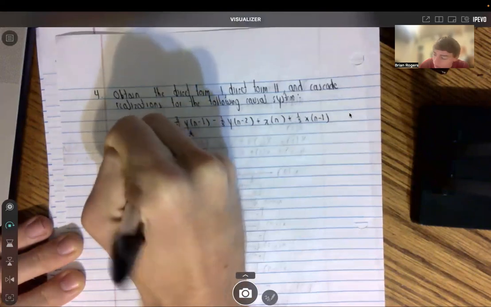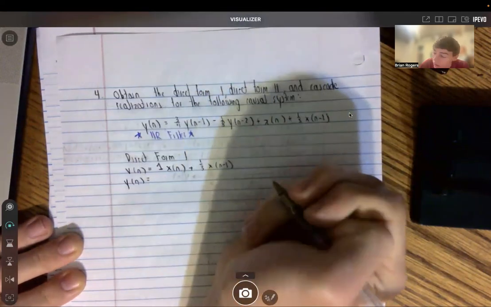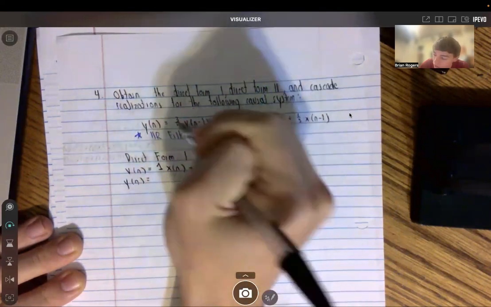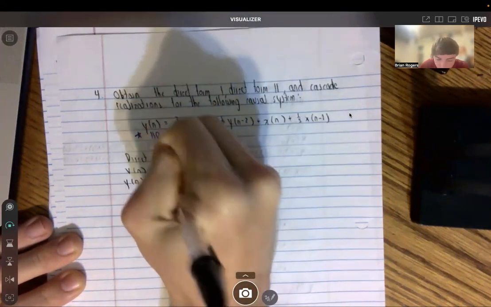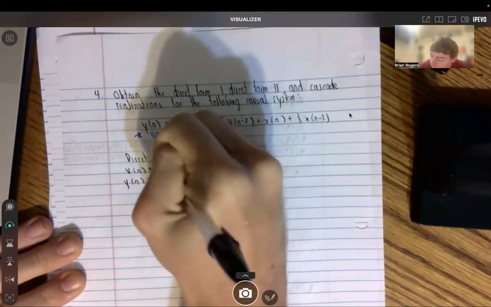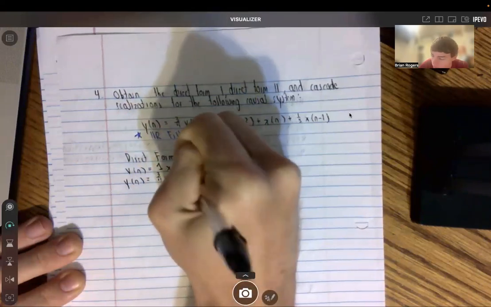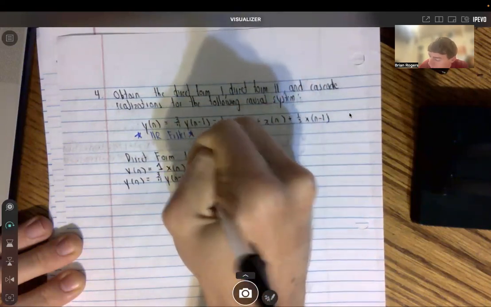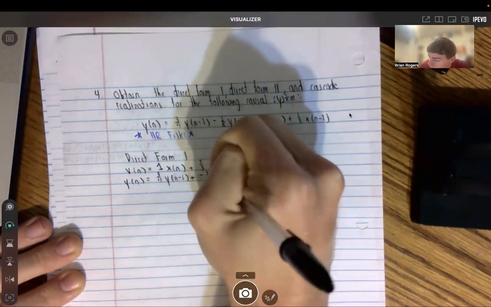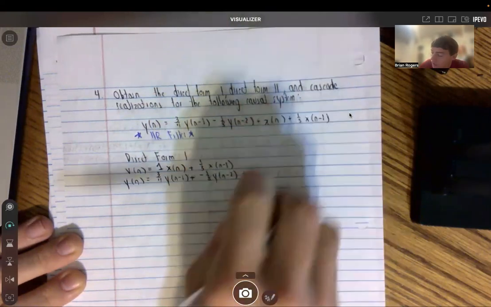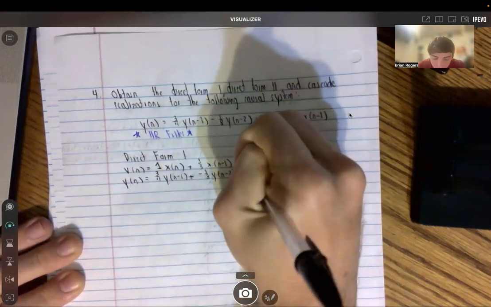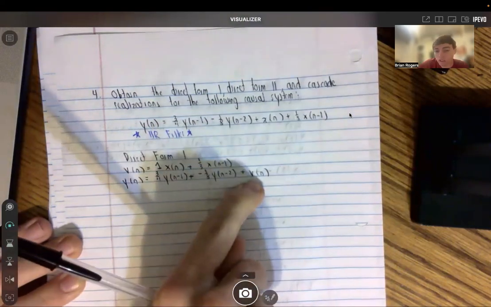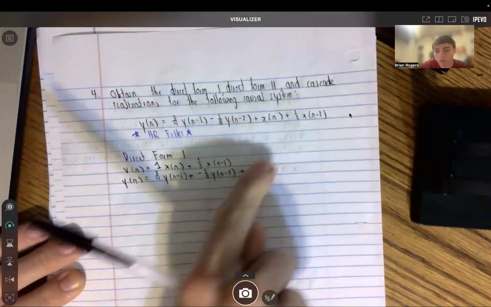And then your y of n is going to equal the negative of the coefficient of your y of n minus 1, so it's 3/4 y of n minus 1, plus, and then here we have a minus 1/8, so minus 1/8 y of n minus 2. And then you just add our v of n here, because that's all of our x terms, right? We're just substituting in v of n for the x terms.